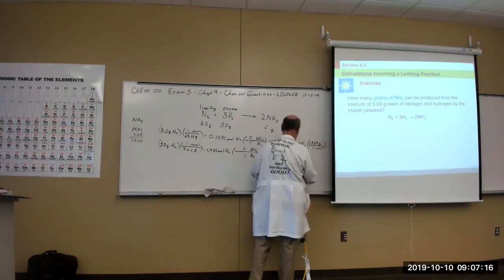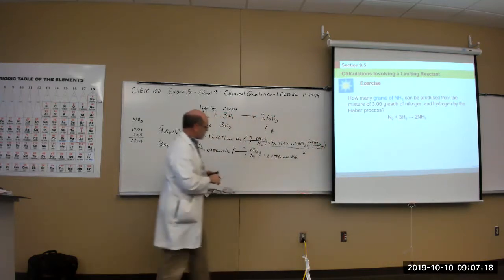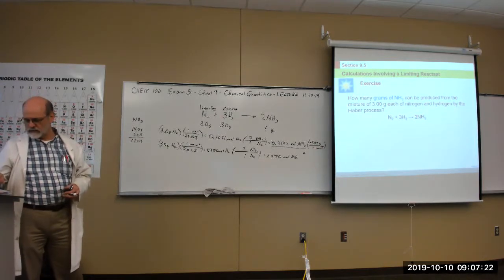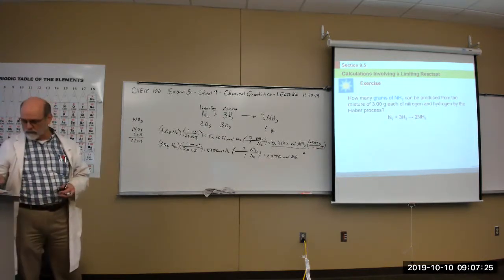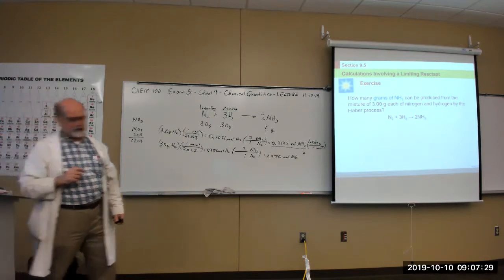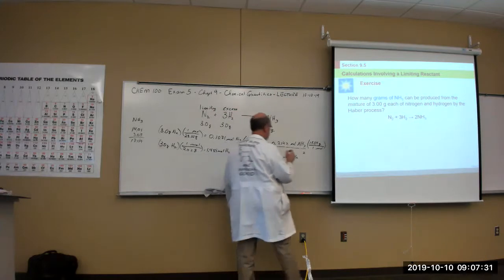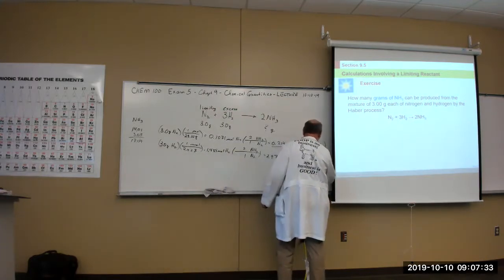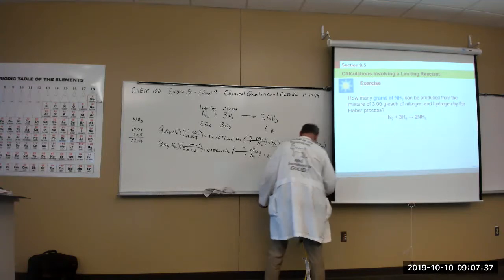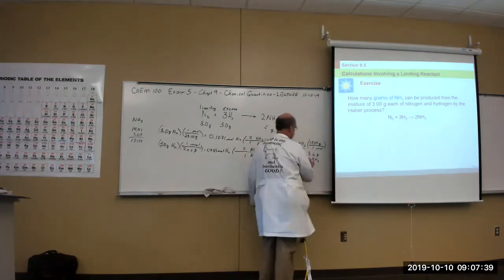So we just need 0.2142 times 17.04, which is 3.65 or 3.6, rounded off, grams of ammonia that can be produced.